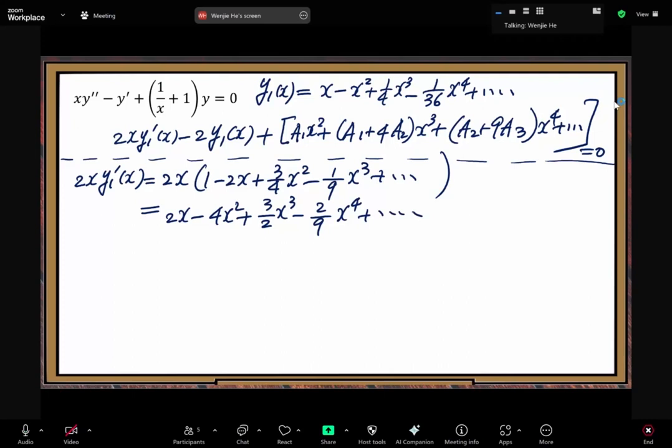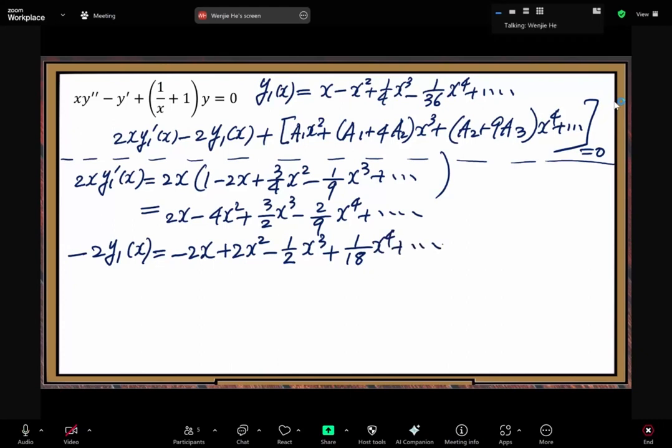All right, this term. Minus 2 y1, minus 2x plus 2x squared minus 1/2 x cubed plus 1/18 x to the 4th.